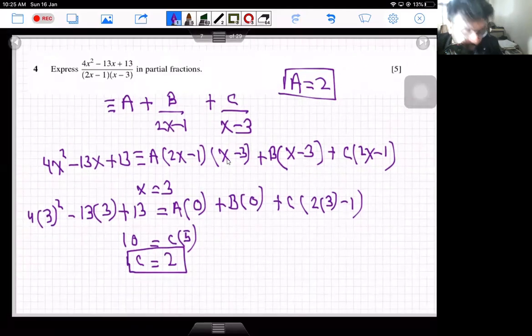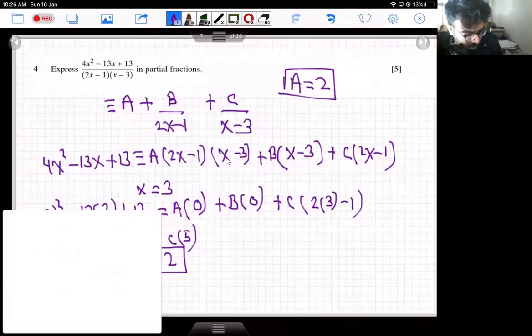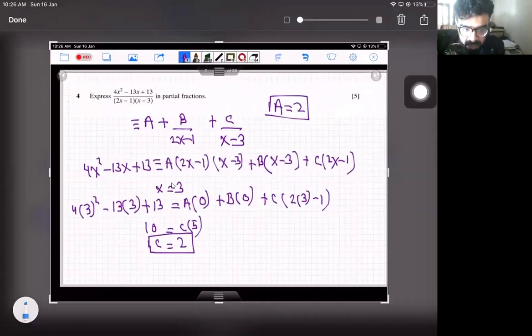Now, in order to find the value of b, since we had three unknowns, a, b, and c, a we have found, c we have found. Now you can take any value of x. The step you performed over here, eliminating b and a by substituting x is equal to 3, you can also perform by taking x is equal to half.